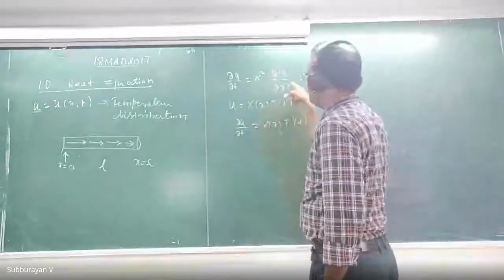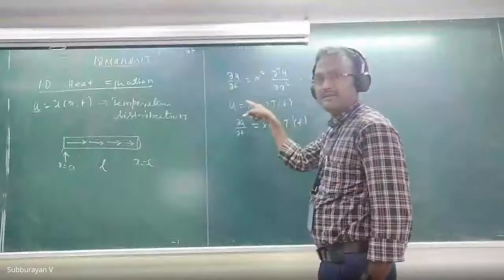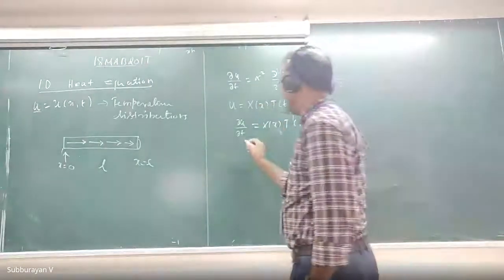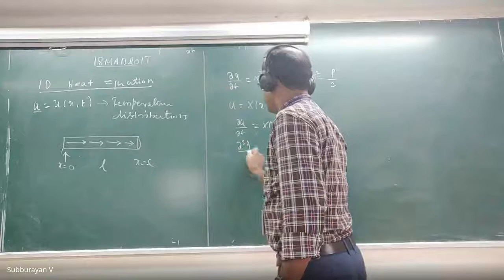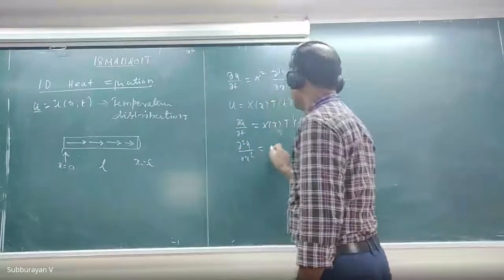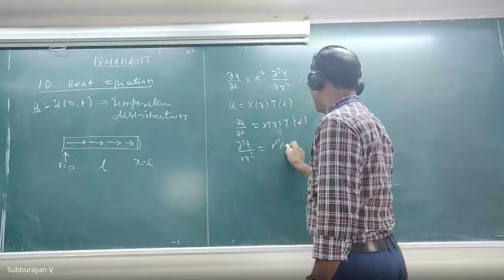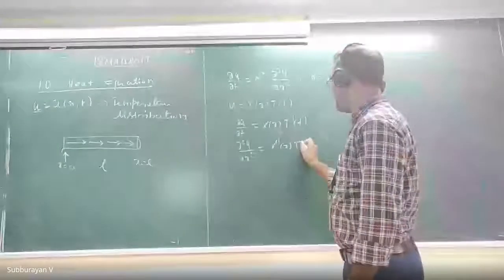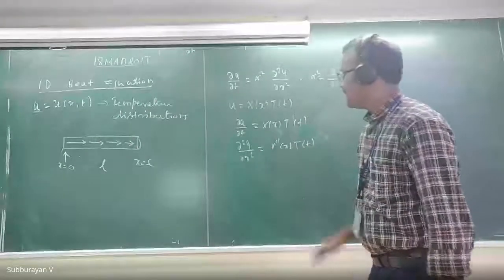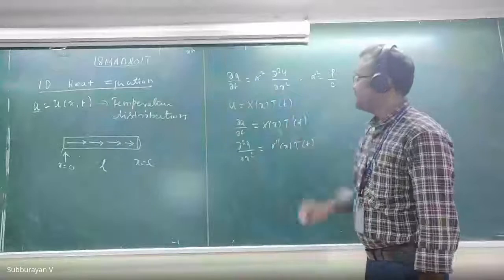And if I differentiate this partially with respect to x twice, what will I get? ∂²u/∂x² is equal to X''(x) into T(t). Okay. Now you plug these two expressions in your differential equation. What will I get?